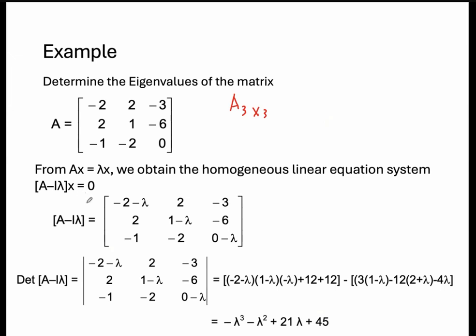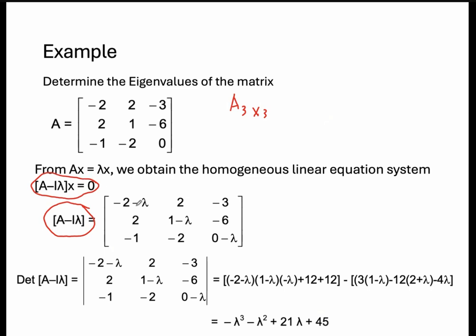If we want to determine the eigenvalue of the matrix, the rule is that this equation is equal to 0: matrix A subtract the identity matrix multiplied with the eigenvalue equals 0.